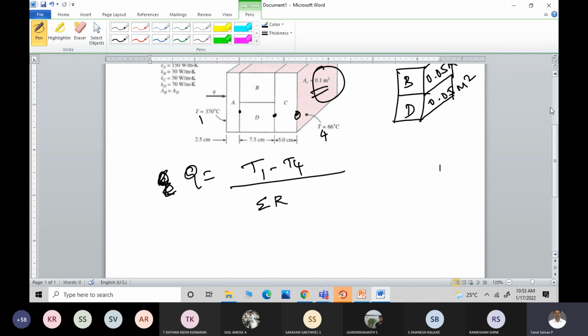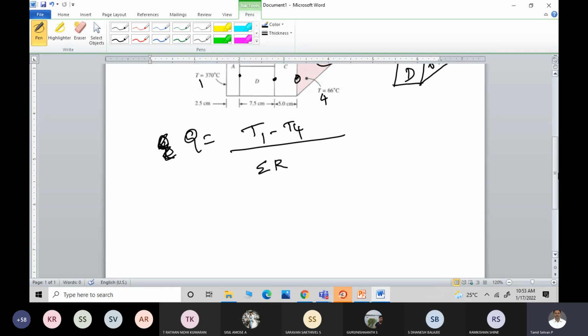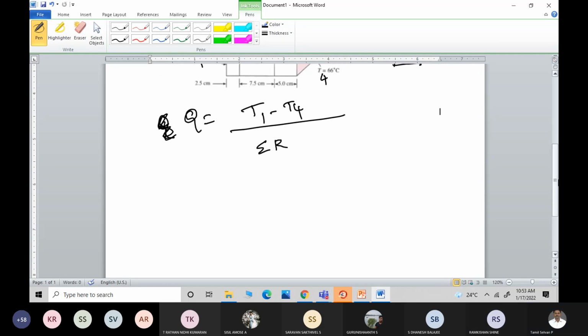Am I correct, students? So Q equals T1 minus T4 divided by R suffix A plus R suffix BD plus R suffix C. Is it correct?